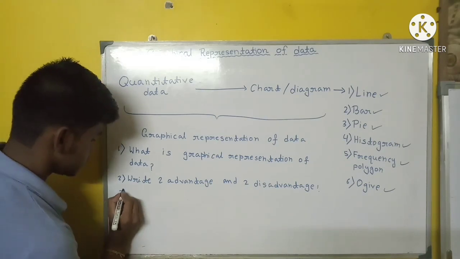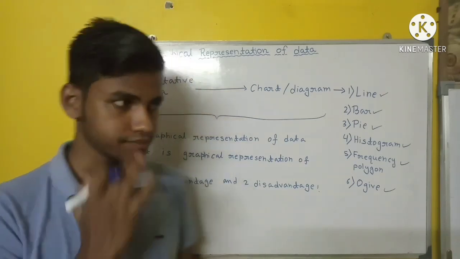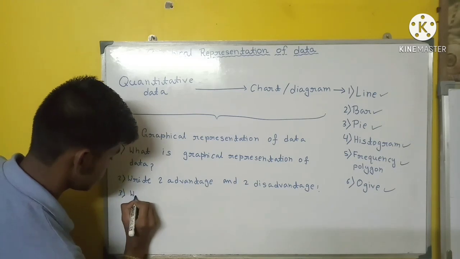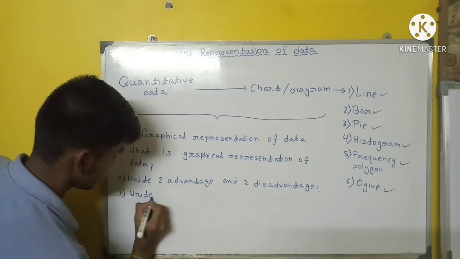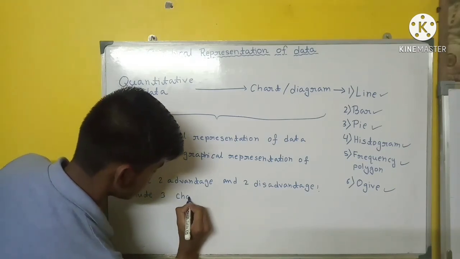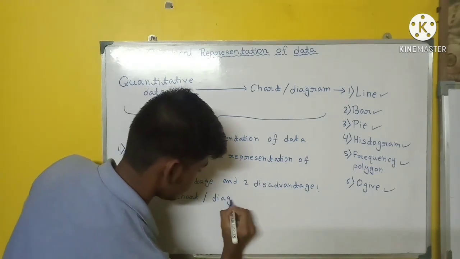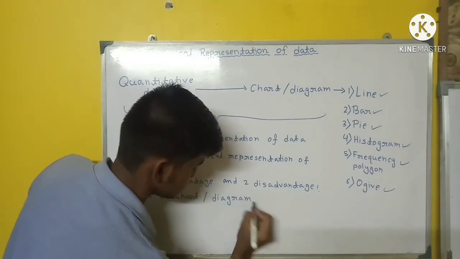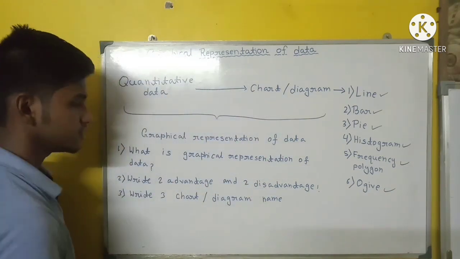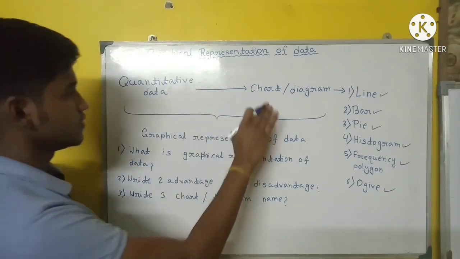And the third question that has the probability to come is, write three chart or diagram names which are involved to interpret the quantitative data into chart or diagram.